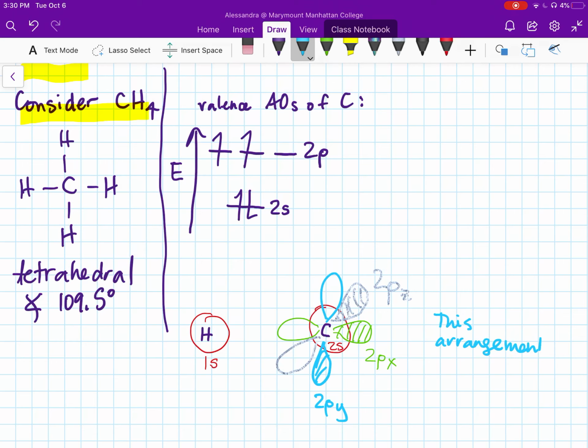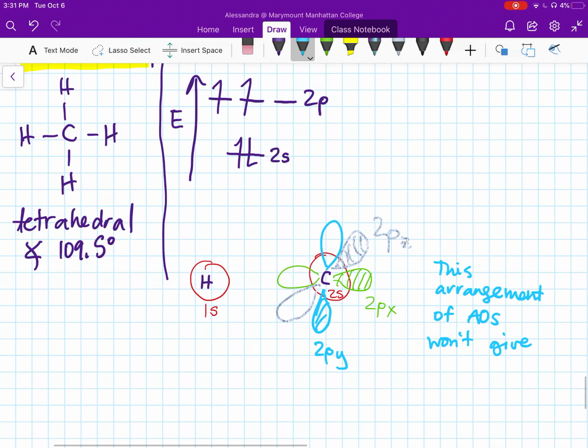There's no way. So this arrangement of the known atomic orbitals won't give the tetrahedral structure that we know experimentally is the structure of the CH4 molecule. So what we need to have really is four atomic orbitals that are kind of pointing to the corners of a perfect tetrahedron.